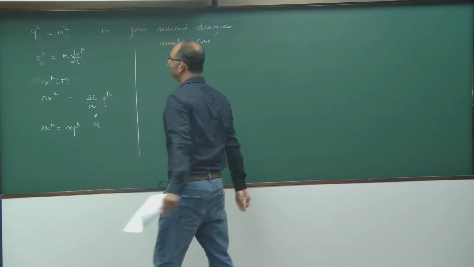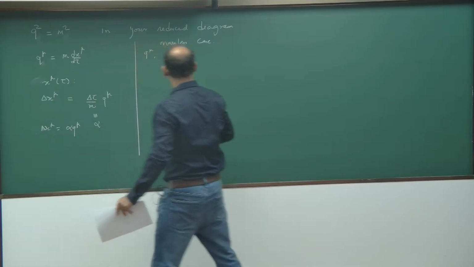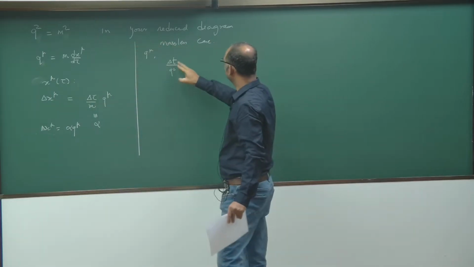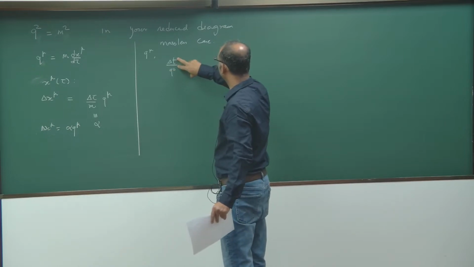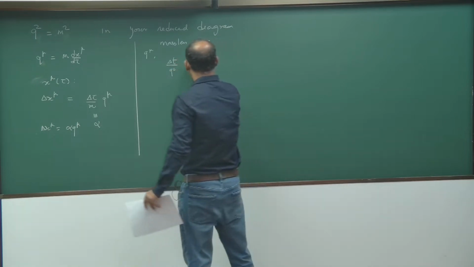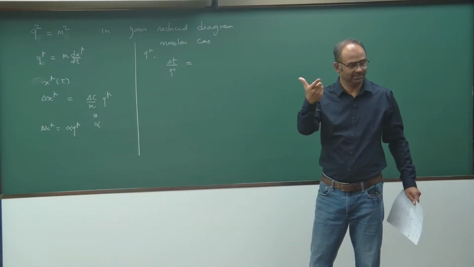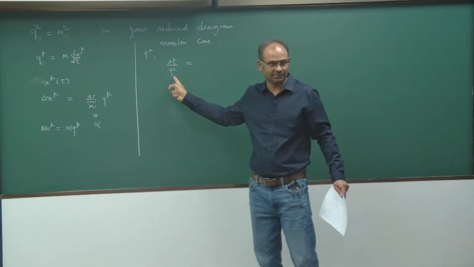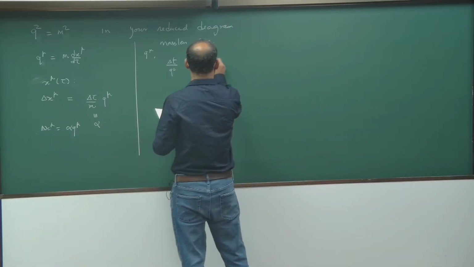You have some momentum q mu, and that particle is moving for some time delta t, and you are looking at it in some frame. Delta t is non-zero. It has some energy. That ratio is Lorentz invariant, right? Because the way delta t transforms, q naught also transforms the same way under Lorentz transformations. So that's a Lorentz invariant ratio.